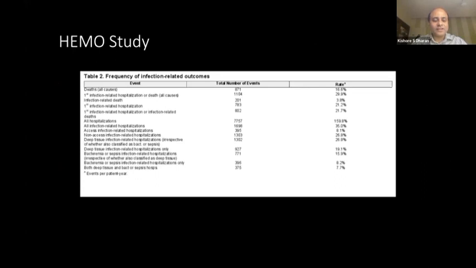This is the HEMO study, which all in dialysis should know, and this is one of the offshoot papers that came out of HEMO, on the frequency of infection-related outcomes. Infection-related hospitalization and death were among the largest causes of all-cause mortality and hospitalization in dialysis patients.